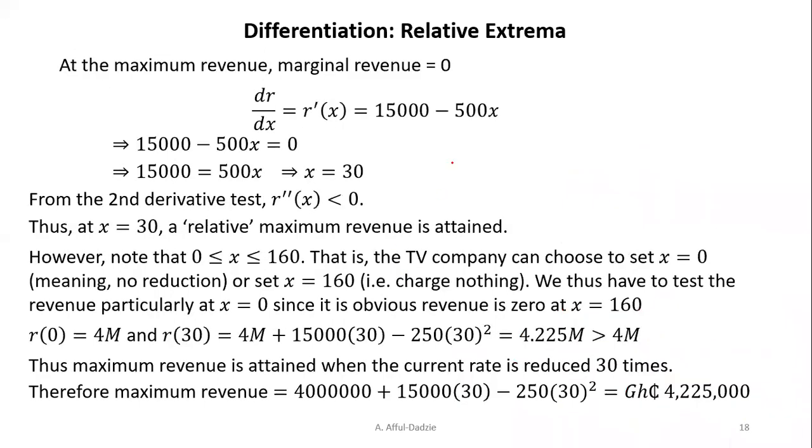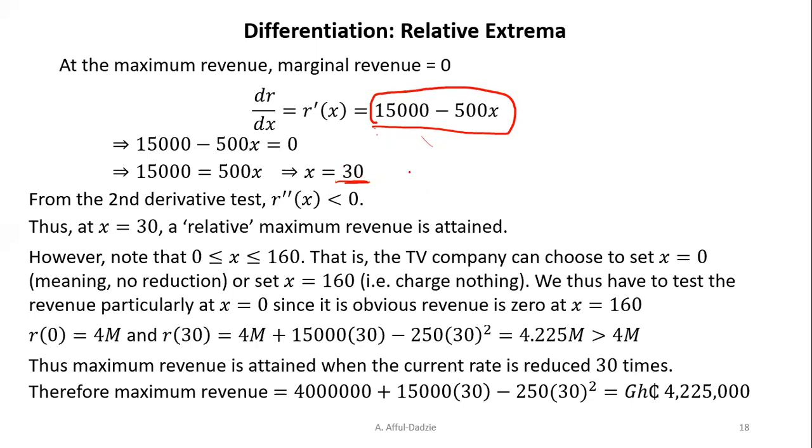So this is our first derivative. We take the first derivative and equate it to 0, and once we equate it to 0, we can solve for x. So x here is 30.